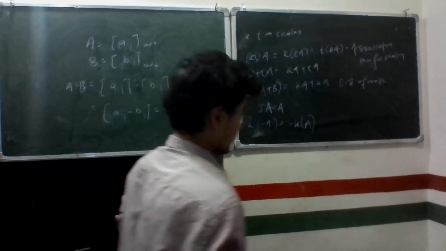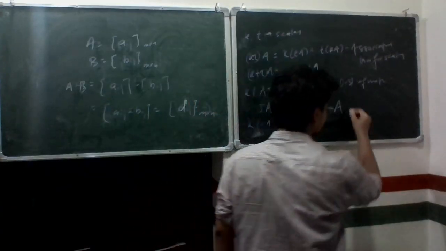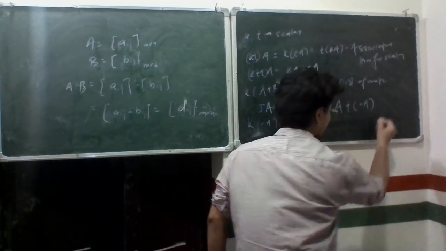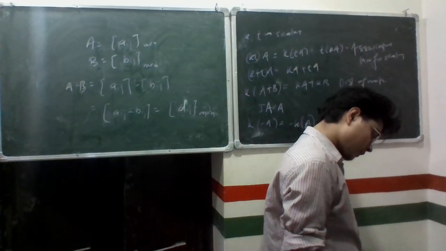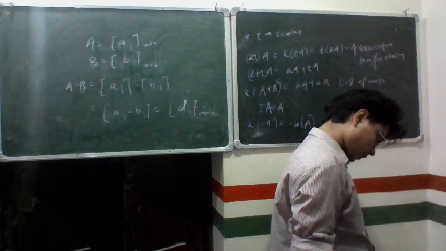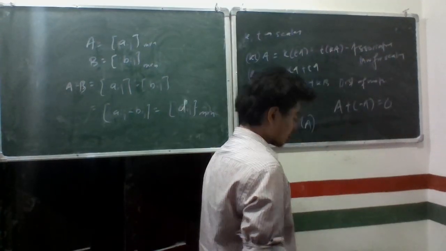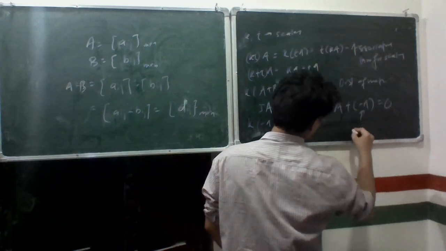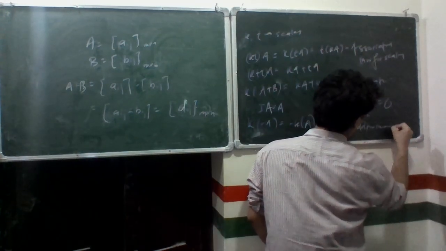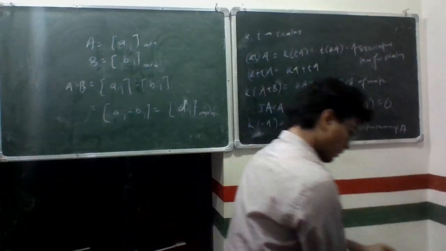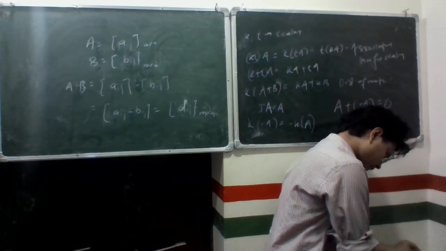Additive inverse means if you have a matrix A and you add it with the inverse of the same thing, then it is going to give us 0. So we can say minus A is the additive inverse of A.